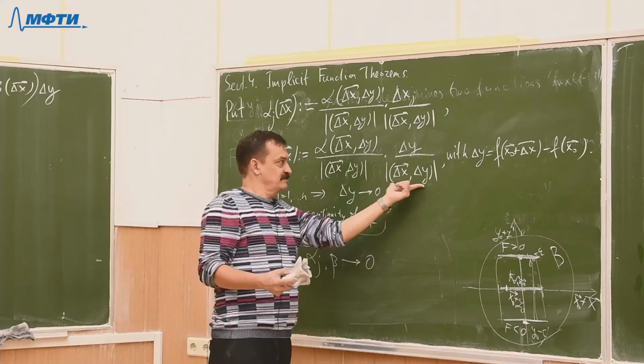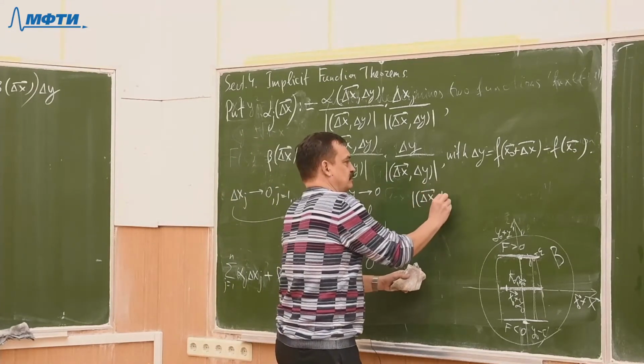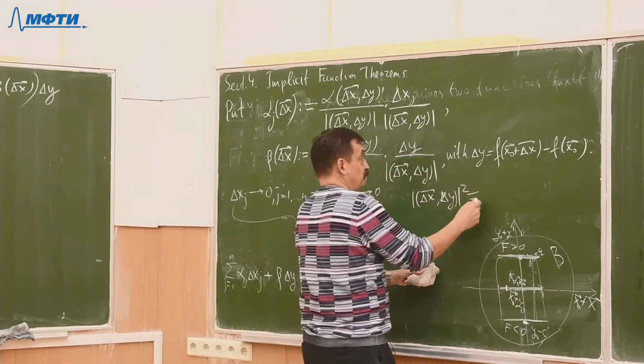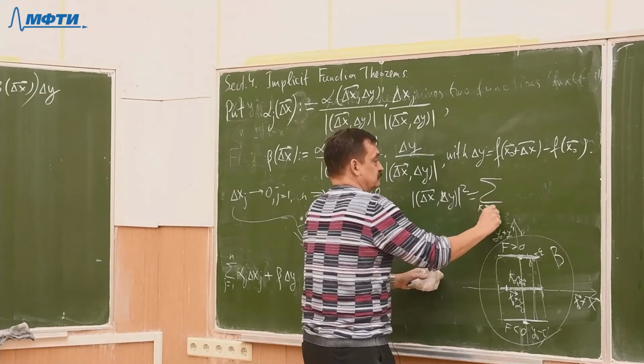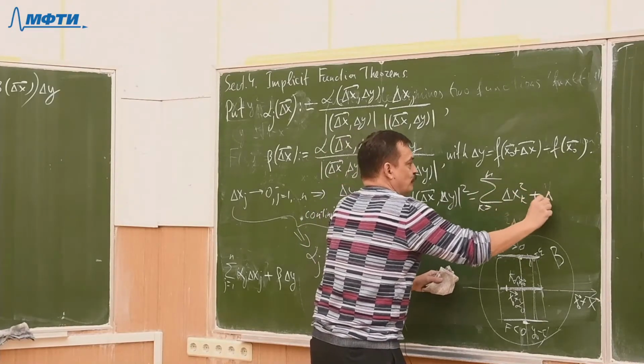Because what is the square of delta x, delta y? It is the sum of squares of components, right?